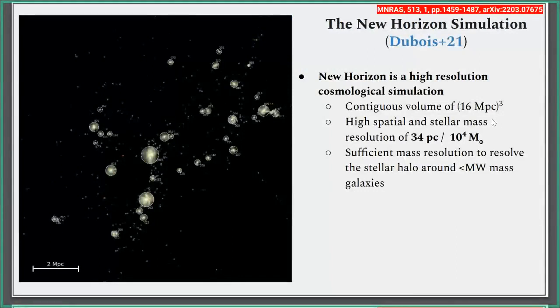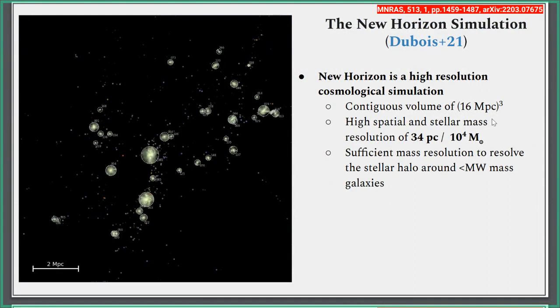So to that end, we're making use of the New Horizon simulation. This is a cosmological intermediate volume simulation, so we're not covering the entire range of environments that actually exist in the universe. It's a 16 megaparsec cubed volume, but we have extremely high spatial and stellar mass resolution, which means we can actually resolve down to very low surface brightnesses the content of the stellar halos of these galaxies.